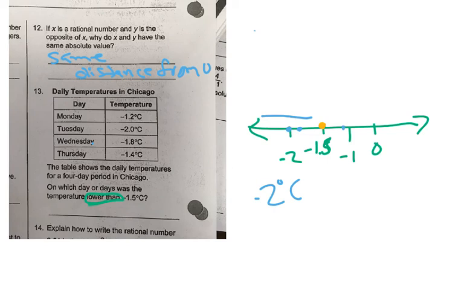Okay, that one is lower. -1 8/10 degrees Celsius. Now, -1 4/10, oh, that's on the right side. Okay, so that is not lower. So what days was the temperature lower than -1.5 degrees Celsius? Tuesday and Wednesday.